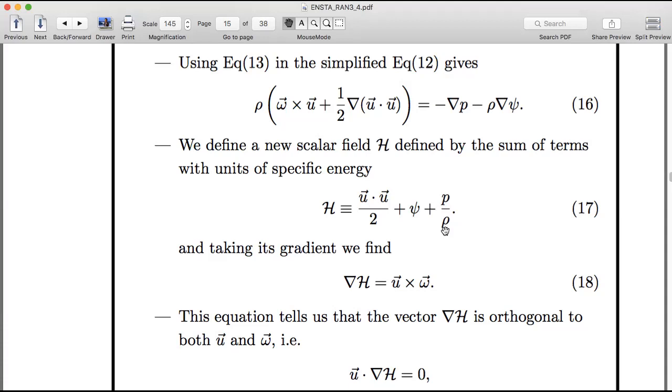That's interesting because pressure is energy per unit volume. Pressure divided by the mass per unit volume is like multiplying by the volume per unit mass. So that gives you an energy associated with pressure per unit mass as well, a specific energy.